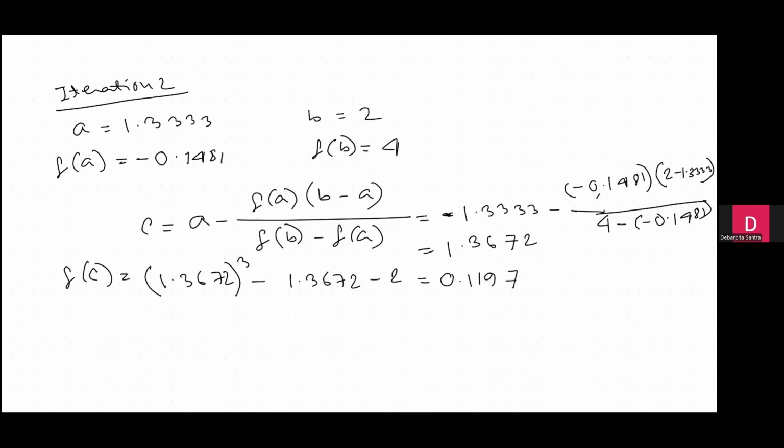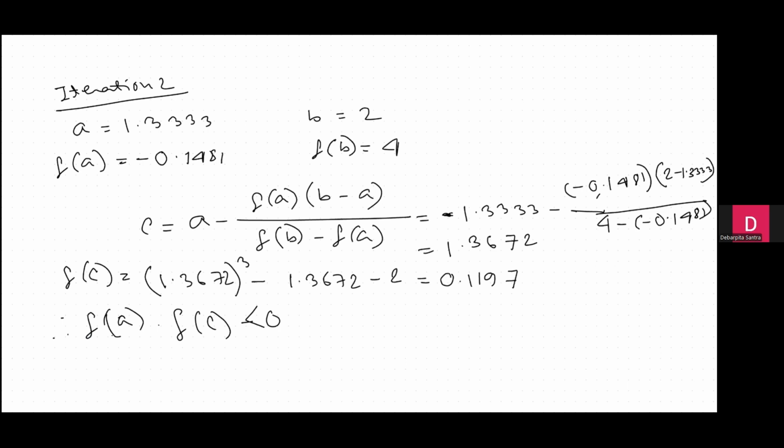So f of B into f of C are not of different signs. They are of same signs. So in this case, f of A into f of C is less than 0. That is, f of A is negative, f of C is positive.